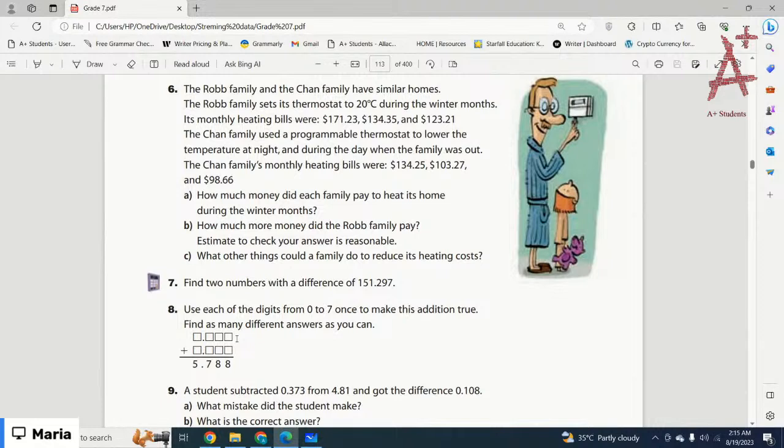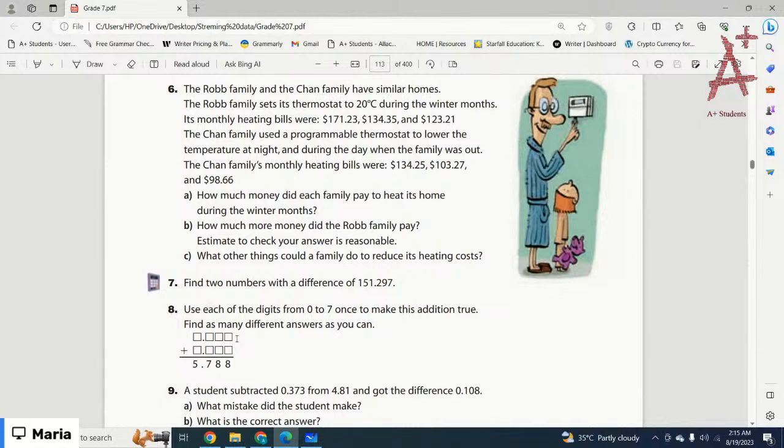I think they have to dress warmly and lower the temperature. By lowering the temperature, they can reduce their heating cost. Okay, fine. Let's start with question number 7.